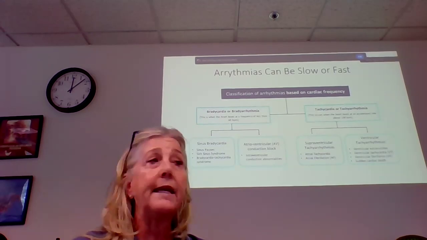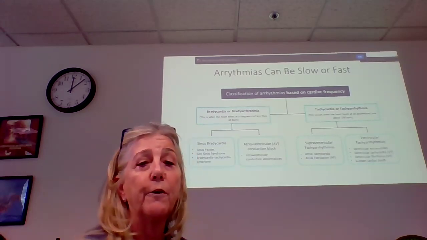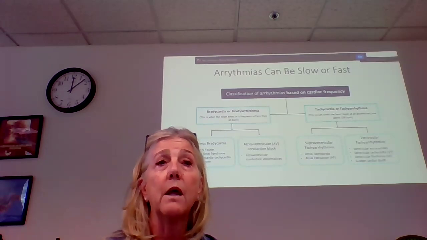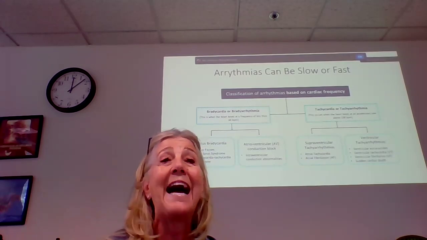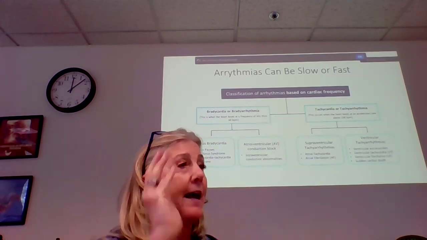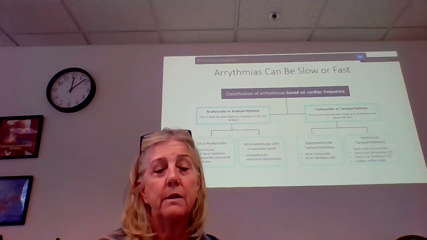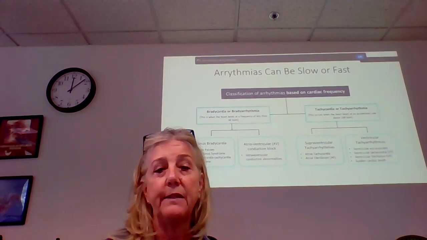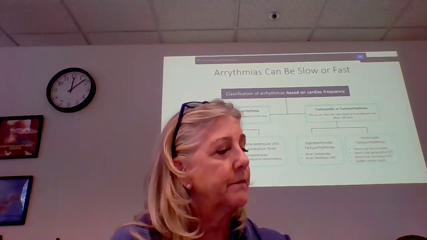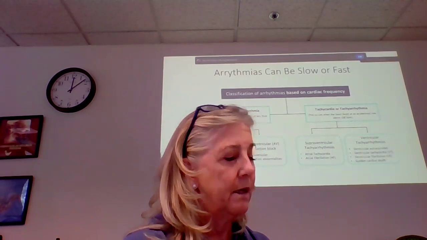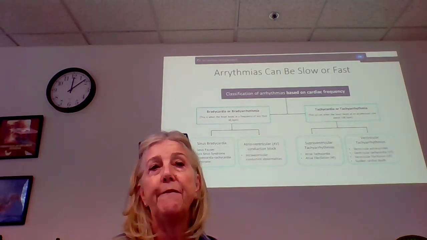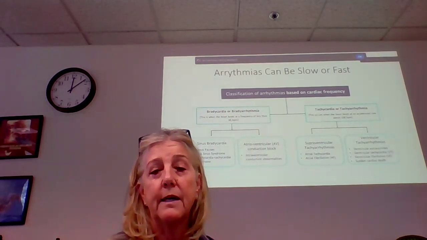Other ways that they categorize arrhythmias is whether it's slow or fast. So is it a bradyarrhythmia, which means slow rhythm, or is it a tachyarrhythmia, which means fast rhythm? You can see all the different things. I'm not going to go through each of these, but there's sinus bradycardia, there's AV conduction blocks.